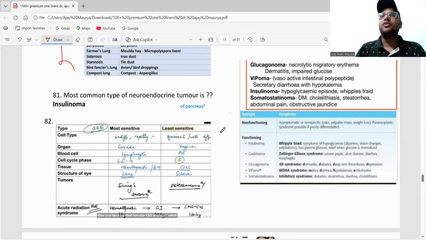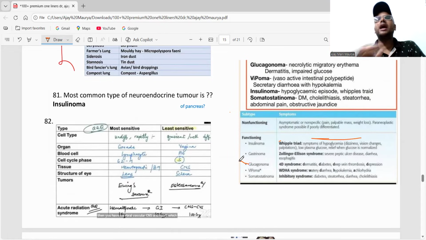So if there is more insulin, there is less glucose in our body. It will cause hypoglycemia. This is called the Whipple triad. This is insulinoma. The symptoms of hypoglycemia include dizziness and vision changes. Everything will be there.